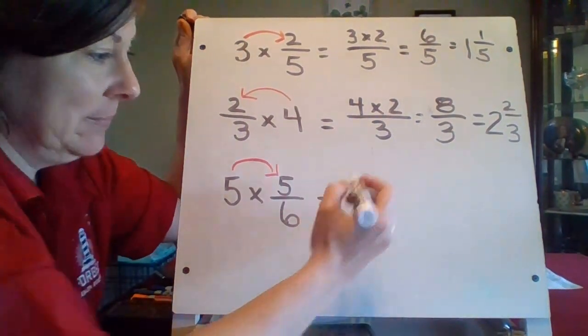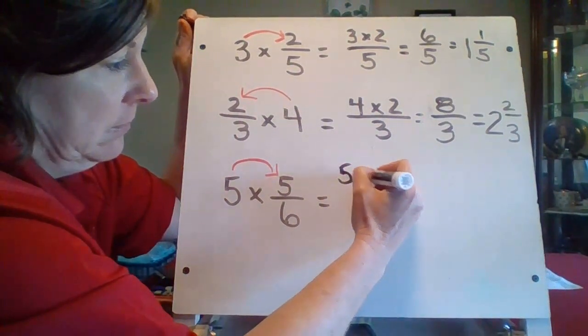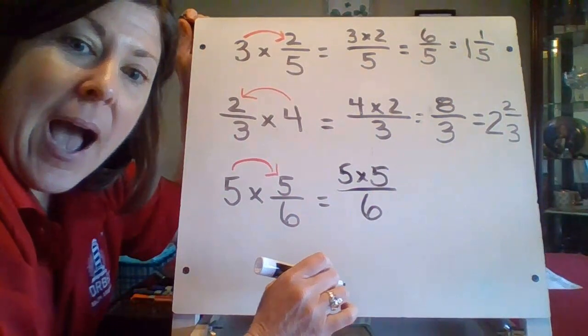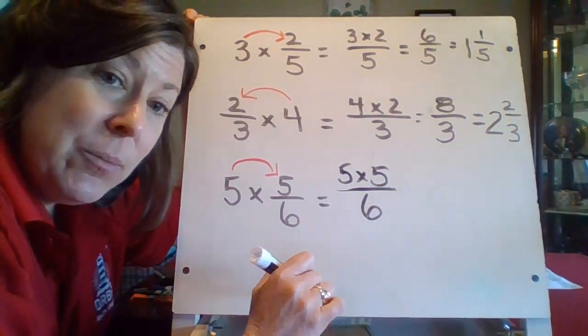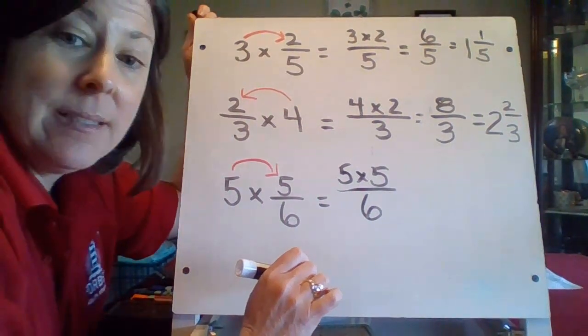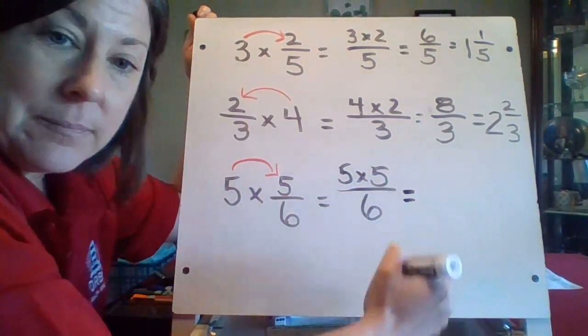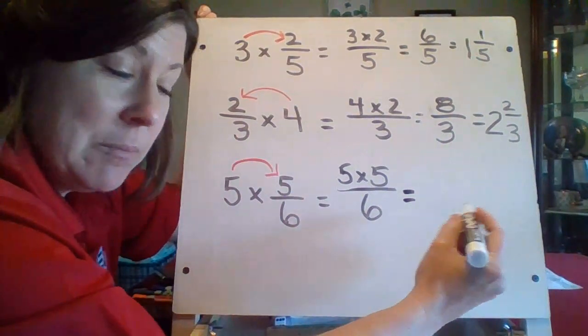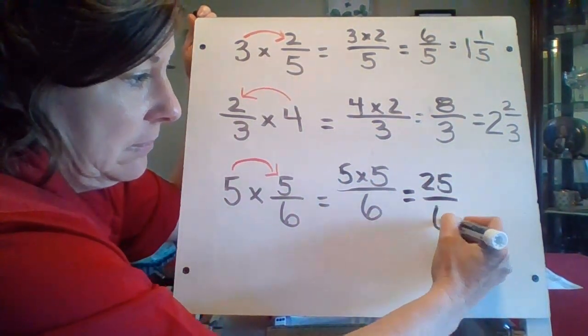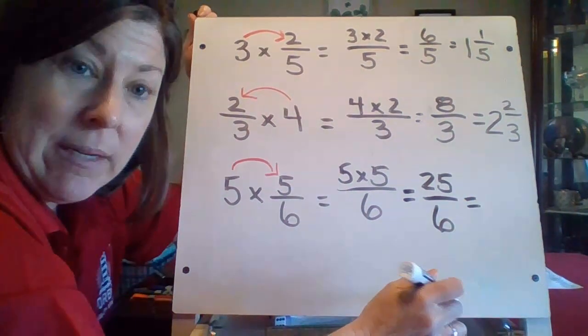And my last one. I have the 5 times 5 as my numerator, and I have my unit, the sixth. My unit is staying the same. I end up with 5 times 5 is 25/6.